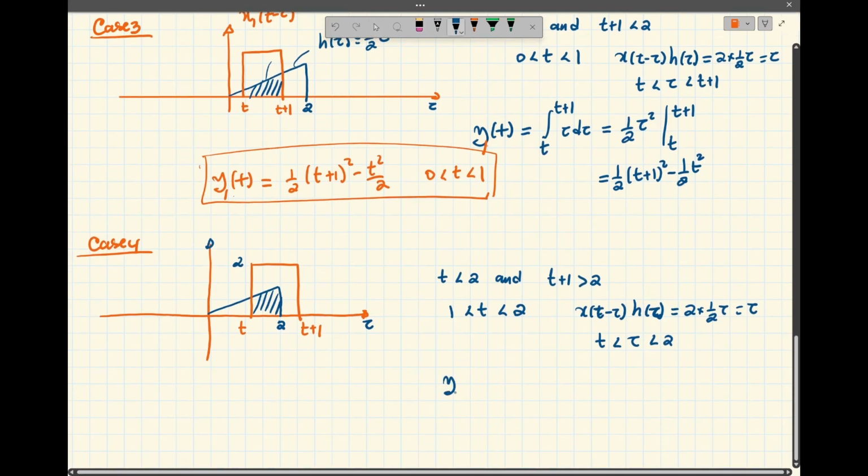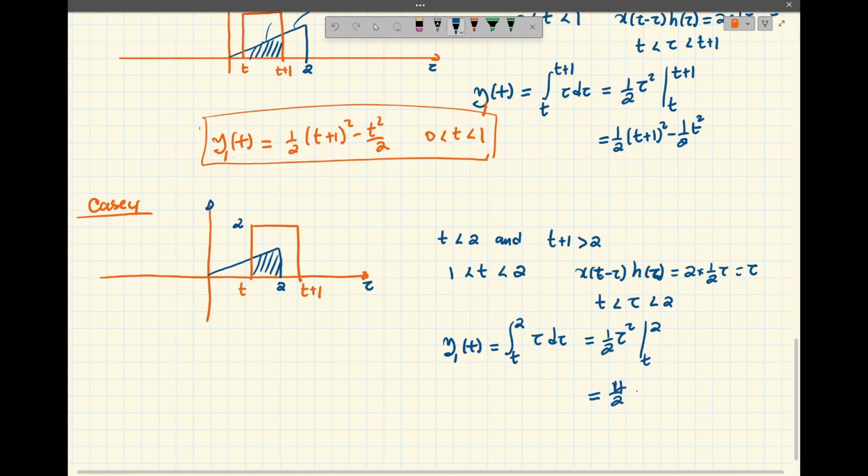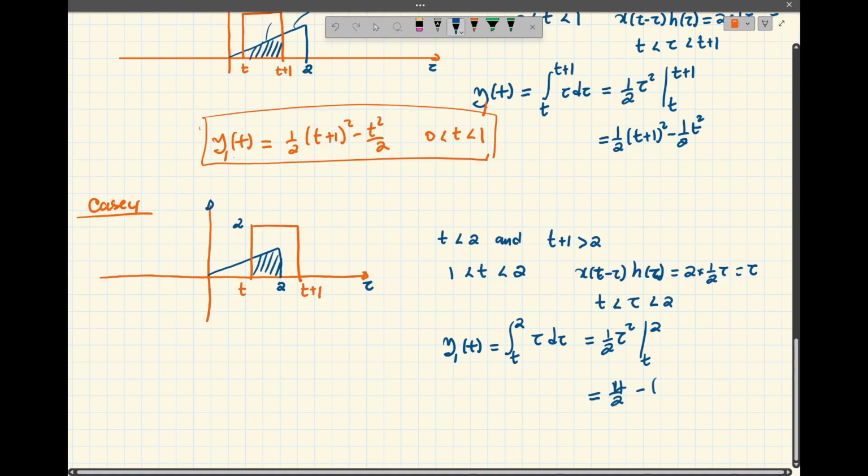So we can compute y1 of t will be integral from t to 2 of tau d tau, so that gives me 1/2 tau square from t to 2, so that gives me 1/2 of 2 square, which is 4, minus t square over 2.